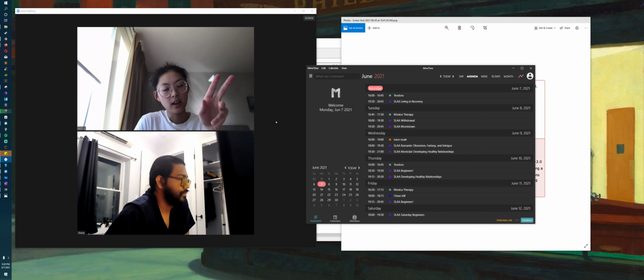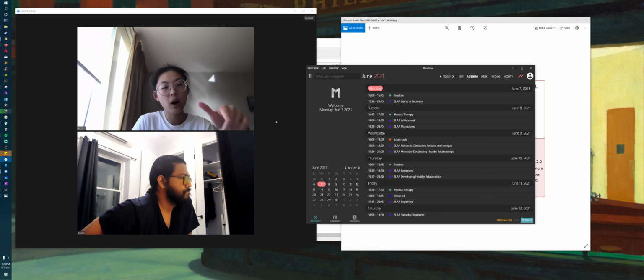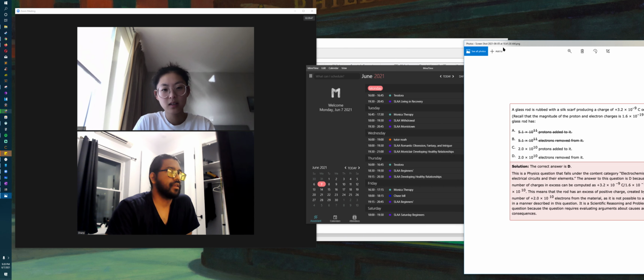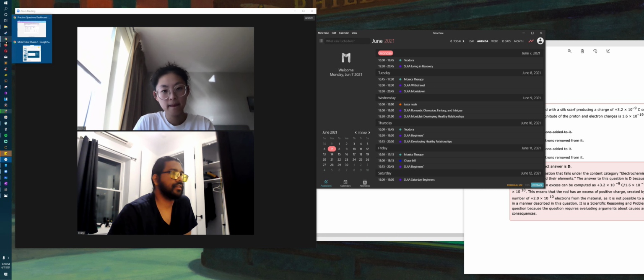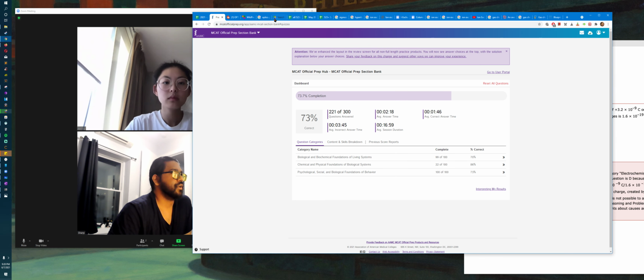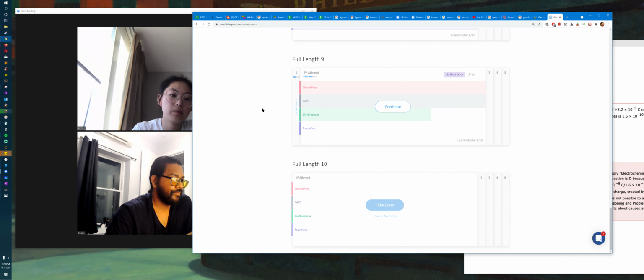And then I think we could go over the blueprint. I did one section of the blueprint, so I can go through the questions tonight to see which ones we can work on, and then we can do those tomorrow. Does that sound good? Yep. Do you have access to the blueprint, or do you want me to screenshot? I have access, but let me see. Which full length are they from?